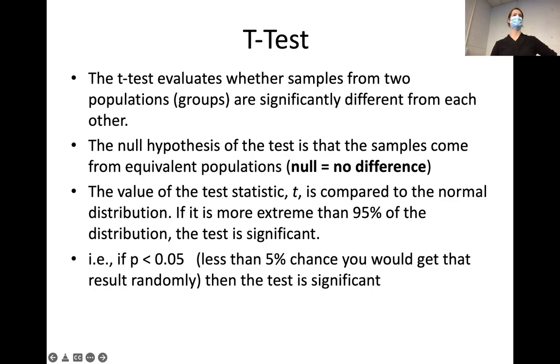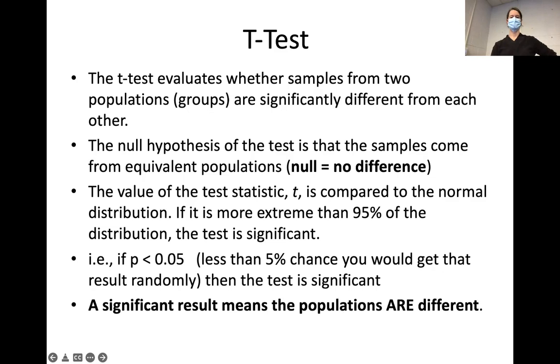If there's no difference, that's fine too, but it's less interesting, I guess. A significant result means that the populations are different. You're looking for difference. Questions about that? The t-test is probably the most simple statistical test.